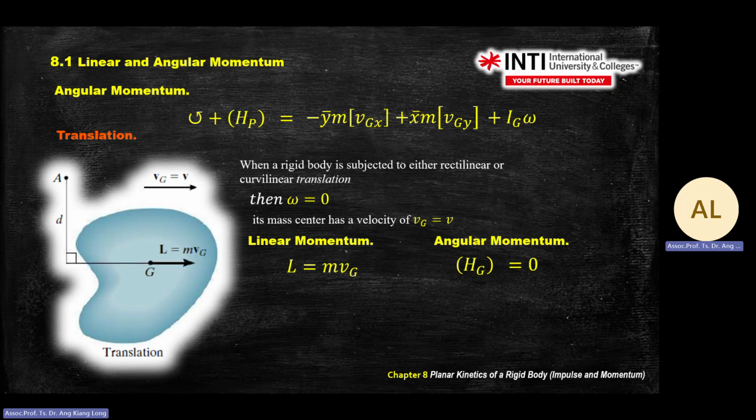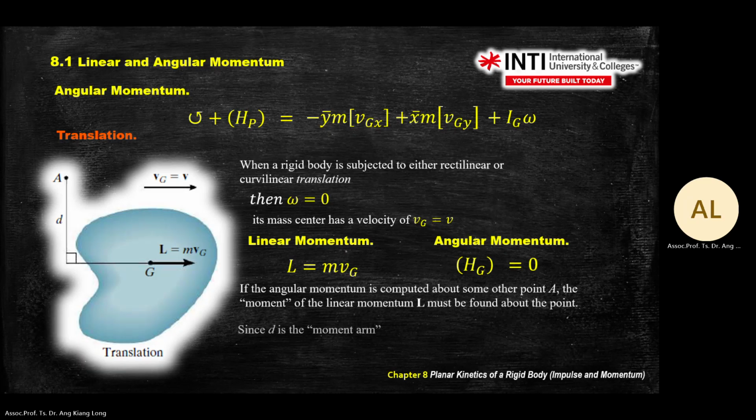So linear momentum is mv, and the angular momentum is 0. You have two terms here: one is linear momentum, the other angular momentum.